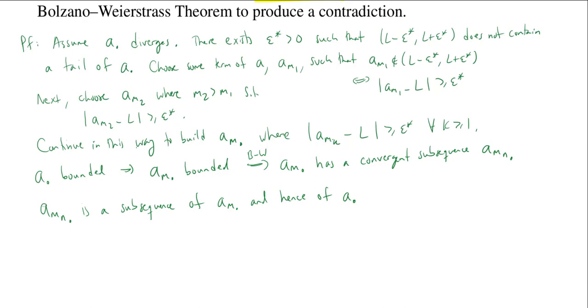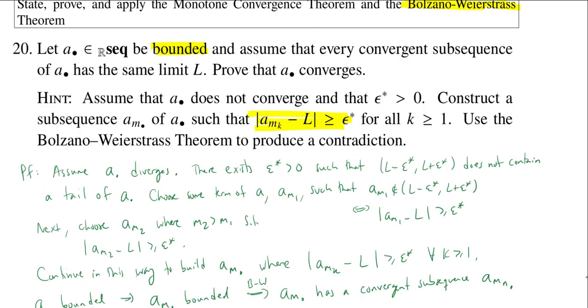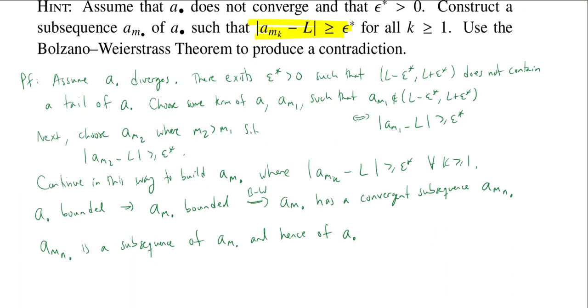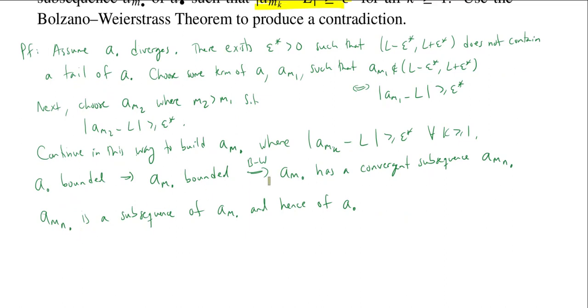But what was our assumption about A dot? Well, we assumed, of course, it was bounded, but also, and we haven't used this yet, every convergent subsequence has the same limit, namely L. But A_MN dot is a convergent subsequence. So this implies that A_MN dot converges to L. Oh, that's not good at all.